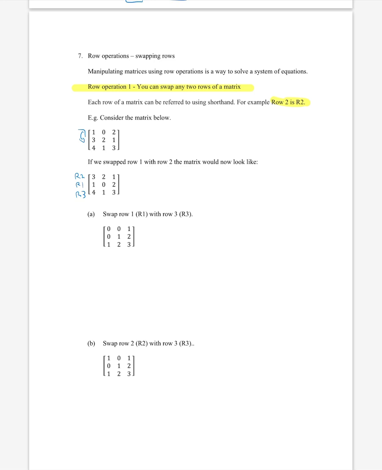So A says swap row 1 with row 3. So the resulting matrix after doing this swap, we're swapping these 2 rows. And so our resulting matrix will look like this: 1, 2, 3, 0, 1, 2, 0, 0, 1.